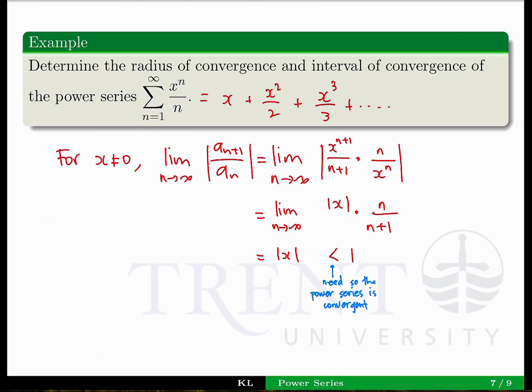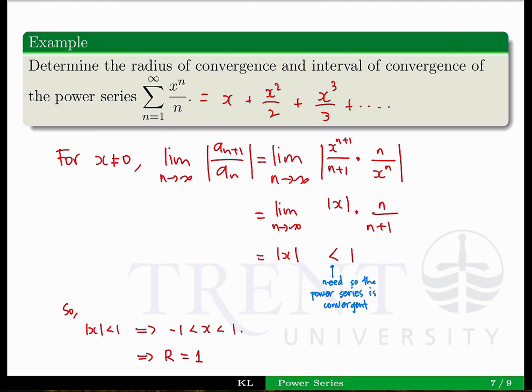But this means that absolute value of x less than 1 implies we got -1 less than x less than 1. And this means that the radius is equal to 1. This is what we see.